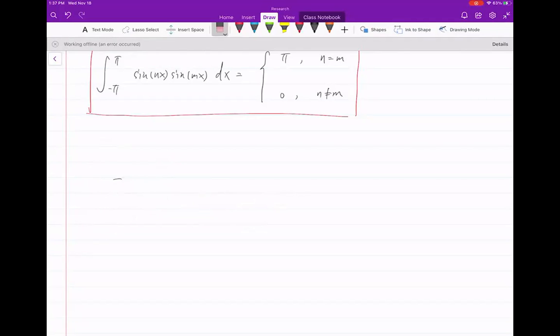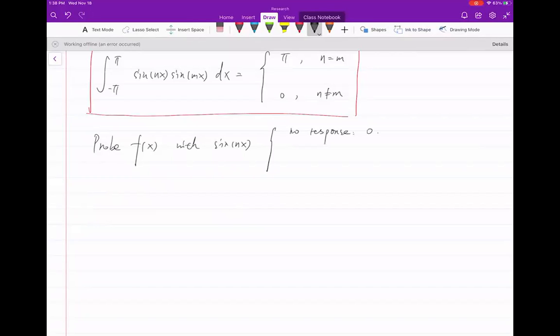Okay, so that means if you probe f(x), oh, I use t or x. I probe f(x) with sin(nx), you will have two possible outcomes. No response, which means 0 if you do the integral.